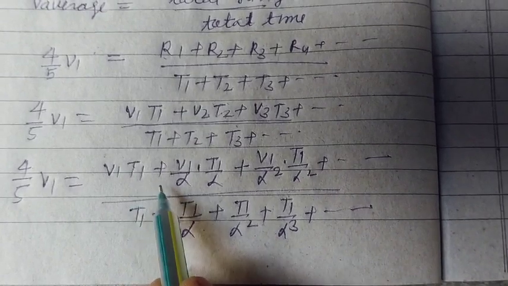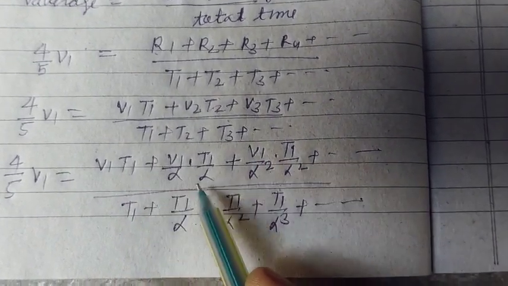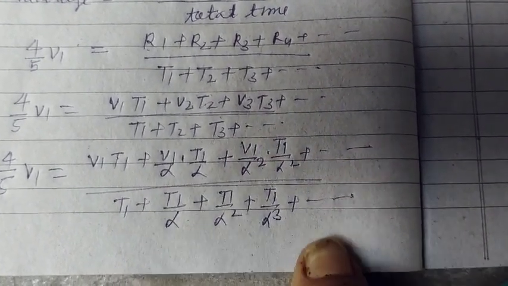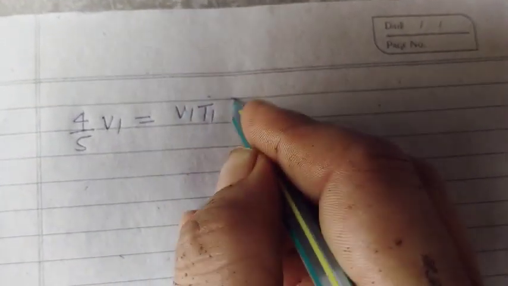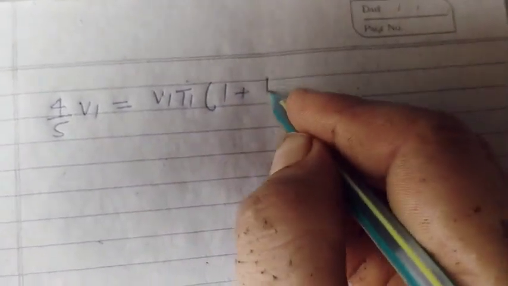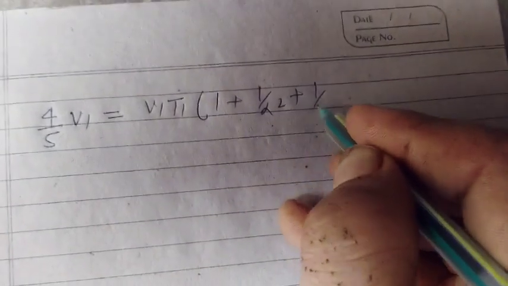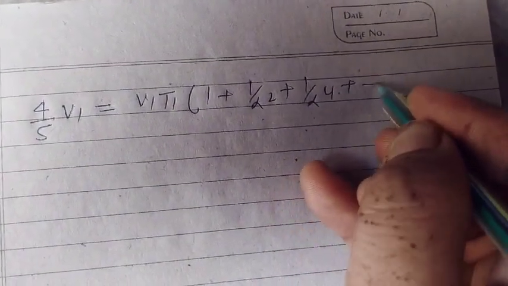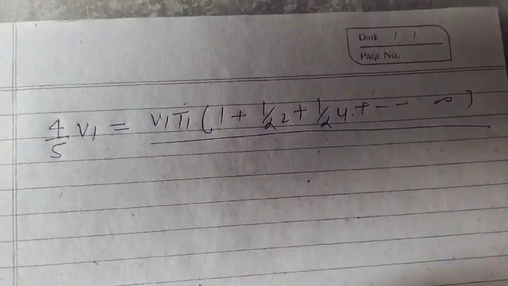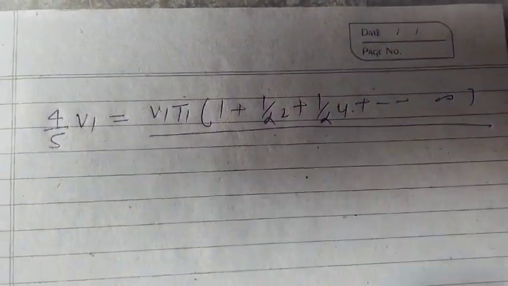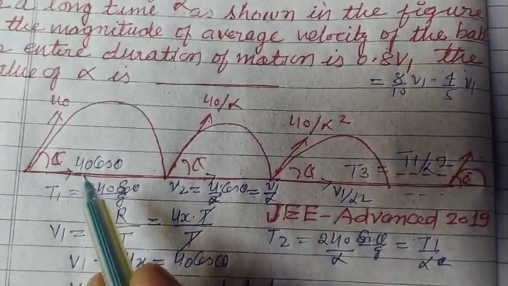Now we take v1 t1 common from the numerator and t1 from the denominator. We get 4 upon 5 v1 equals v1 t1 times 1 plus 1 upon alpha square plus 1 upon alpha to the power 4, and so on up to infinity, because the ball is hitting the surface infinitely.